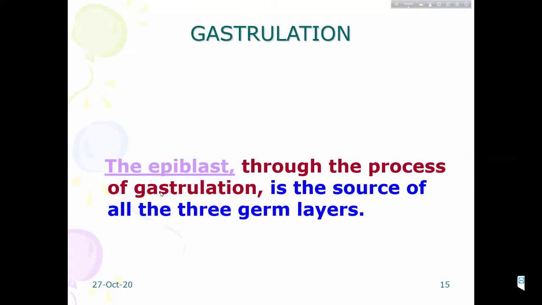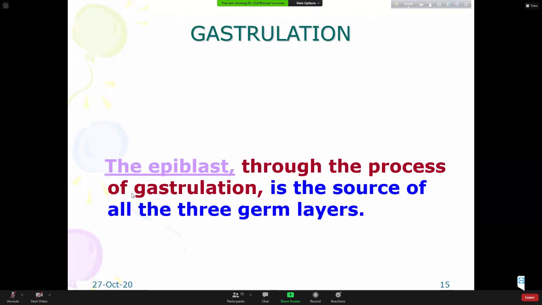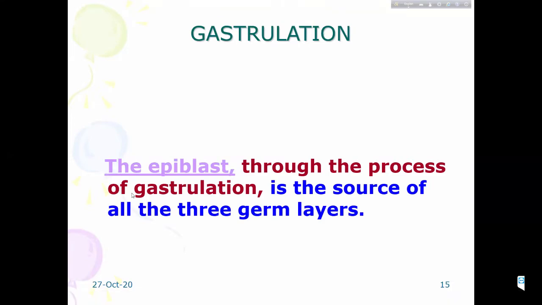Now, this is another thing. I'm talking about gastrulation, and in talking about gastrulation there are some terms, like the primitive streak, and many more things will come. Through the process of gastrulation, the epiblast is the source of all three germ layers. Remember it.